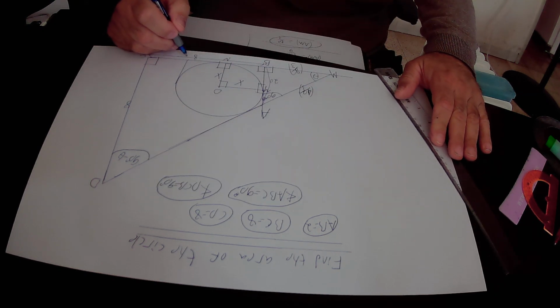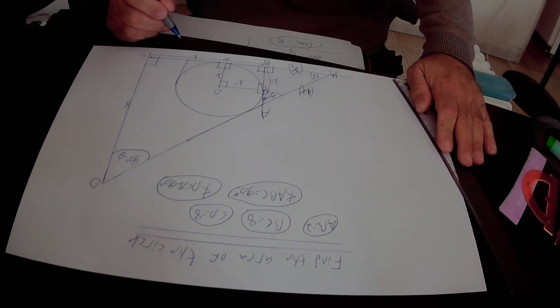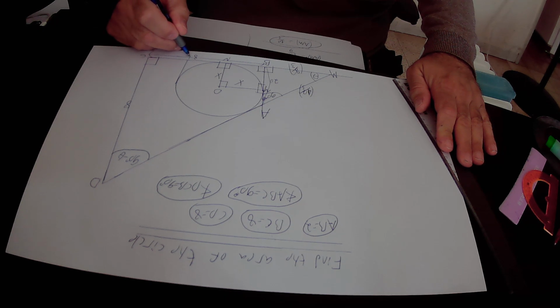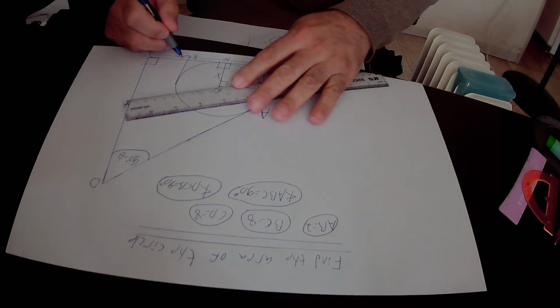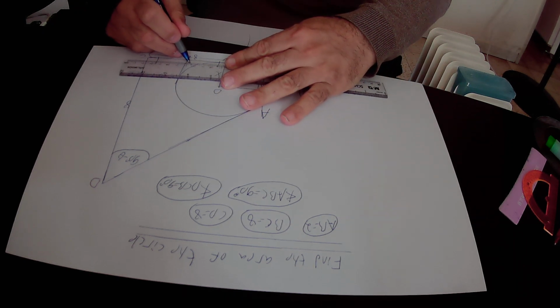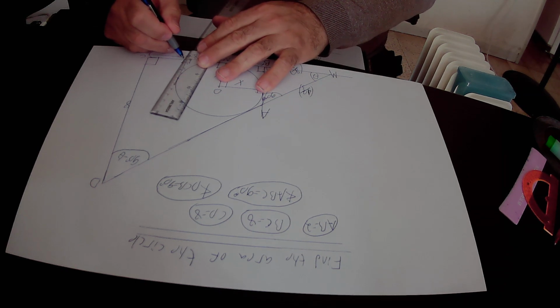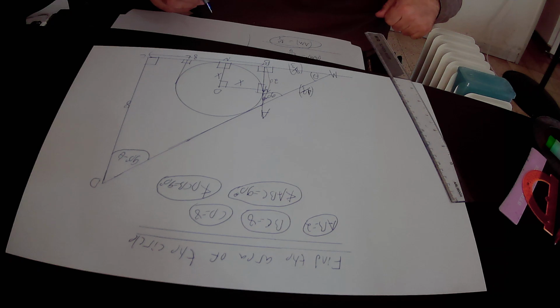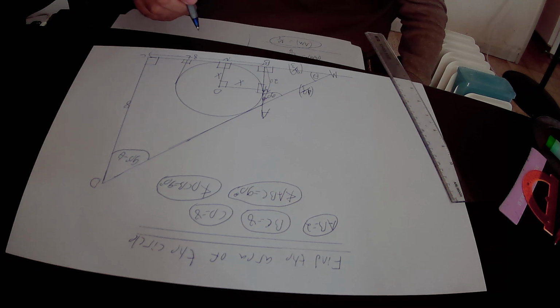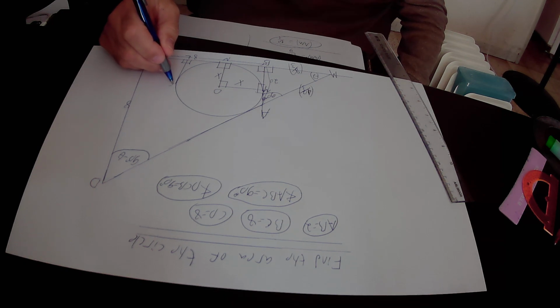We'll define the touching point of the perpendicular and BC as L. So this angle equals 90 degrees and this angle equals 90 degrees according to our construction. We define the point of tangency of the perpendicular from point L and the circle as G.